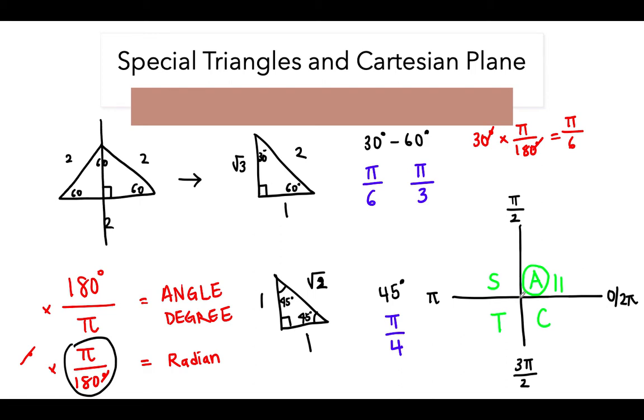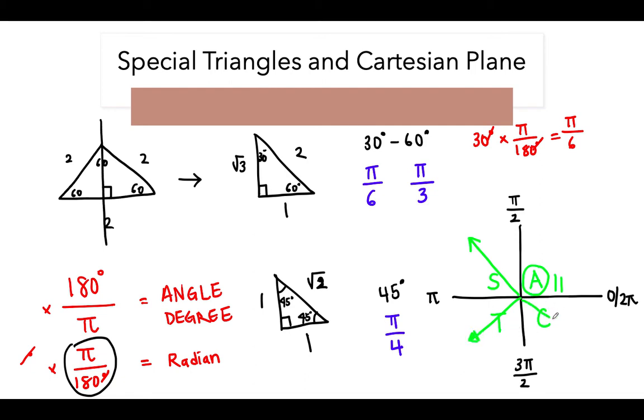But on the other hand, in quadrant 2, S means sine. So only sine in this quadrant is going to give me a positive ratio. In quadrant 3, tangent is the only ratio that is going to give me a positive.